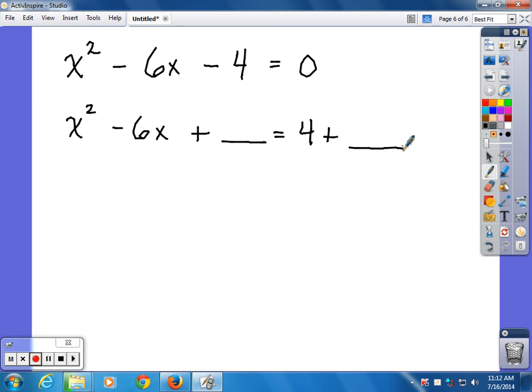Put negative 6 over 2. Well, you don't have to do negative 6 because it's going to come out to be positive. It doesn't matter. You can put negative 6, but it's going to come out to be positive. So 6 over 2 and square it. The square makes everything positive. And that's 3 squared, which is what? 9. And that 9 goes in both blanks.